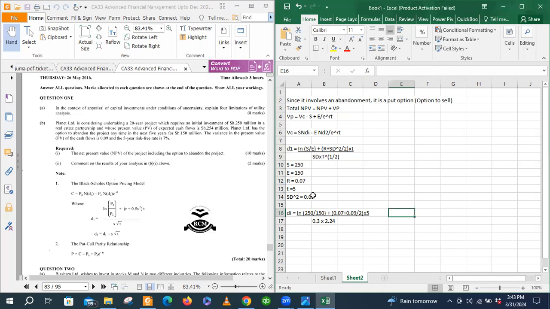I get a figure of 0.5108. So that becomes the D1.